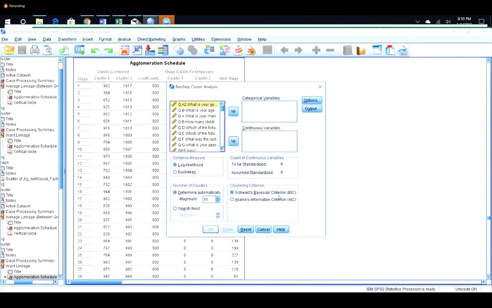I tend not to use the two-step for the type of data that we have, where it's true segmentation, where we've got high density areas throughout the data set, because it tends to just lump everything together. Whereas if I manually look at the hierarchical clustering and then use that to seed my k-means, I tend to get a better solution when I'm segmenting.